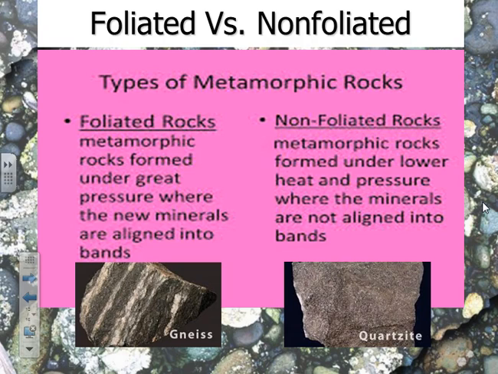Okay? Now the opposite would be a non-foliated metamorphic rock. And those are rocks that form under a lower amount of heat and pressure, and the minerals do not align into bands. So you might want to draw that on your Cornell notes. Okay, where your foliated rocks form bands because of a high amount of pressure.